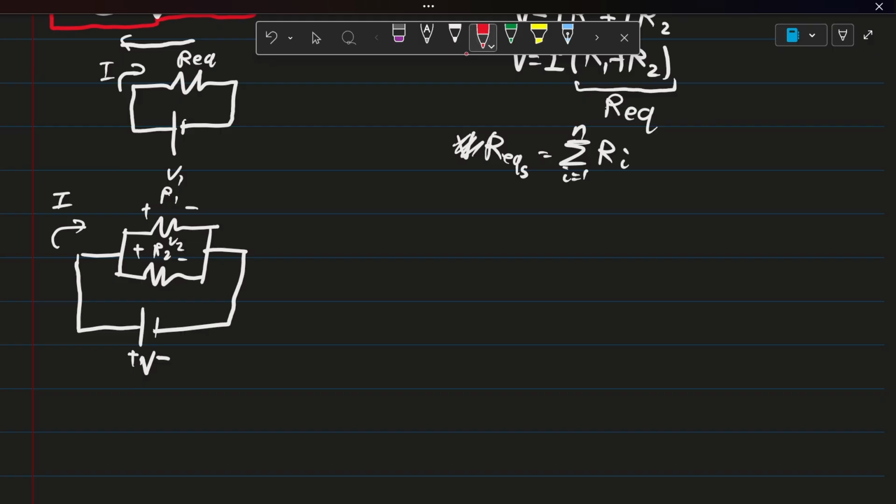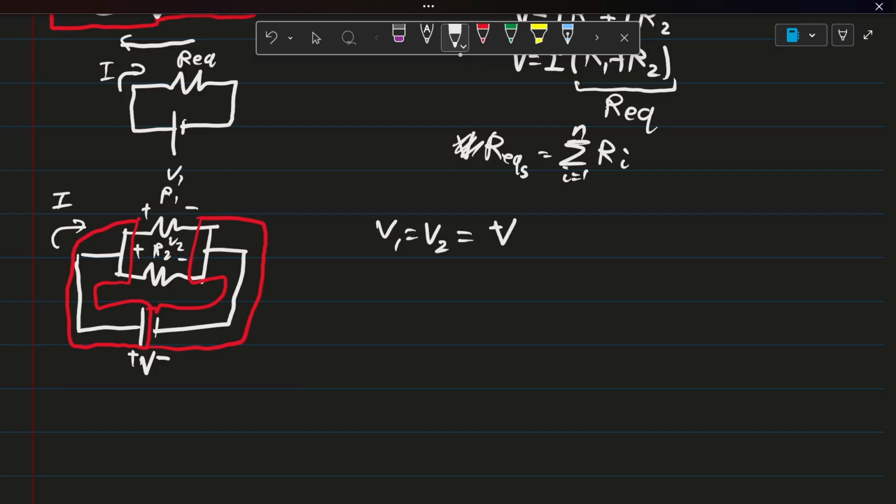The first thing you need to realize is that the voltage of this entire object here is the same, and the voltage in this entire object must also be the same. Therefore, V1 must equal V2, which should also be the voltage. After that, we look at the current. Looking at this green component, there is current going in and current going out.